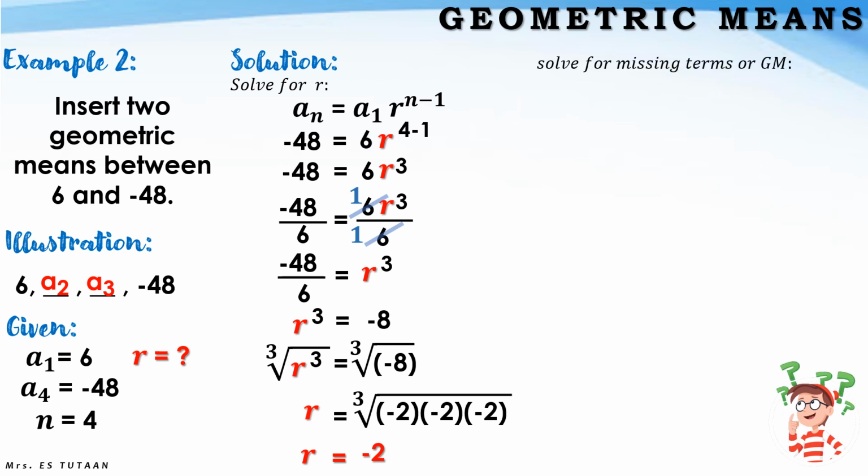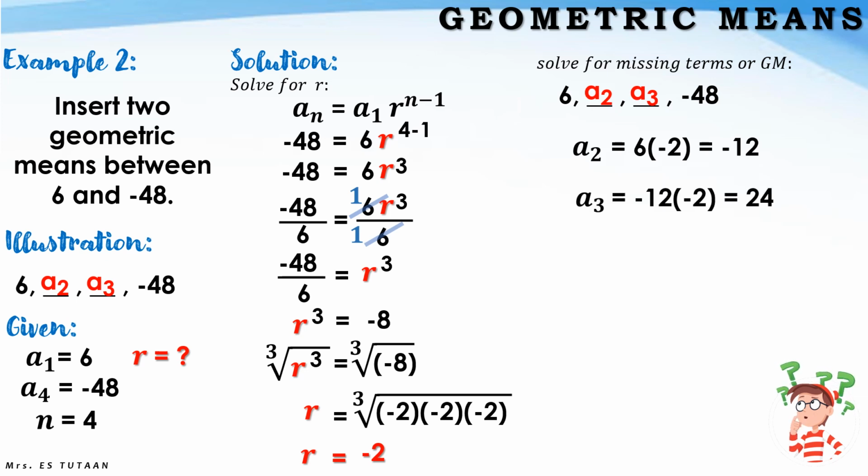So, let us now determine the missing terms or the geometric means of the given sequence. So, let's have first a sub 2. So, para makuha natin a sub 2, we will multiply a sub 1 times the ratio, common ratio. So we have 6 times negative 2, that is equal to negative 12.